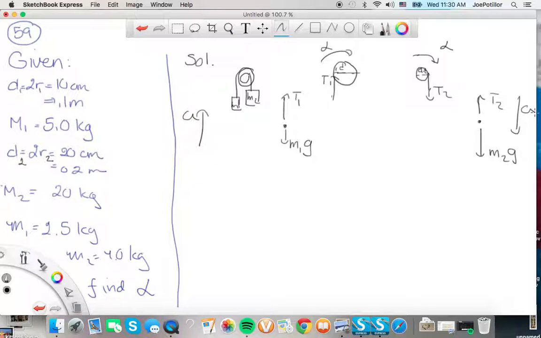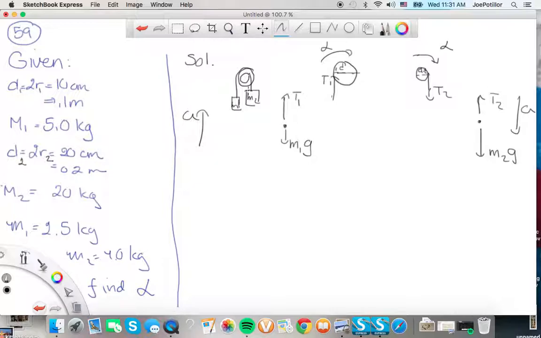What's going on here? We have basically the big cylinder, which has the smaller mass. It's going to be led down by M2. It's going to twist and turn until it gets all the way up there.